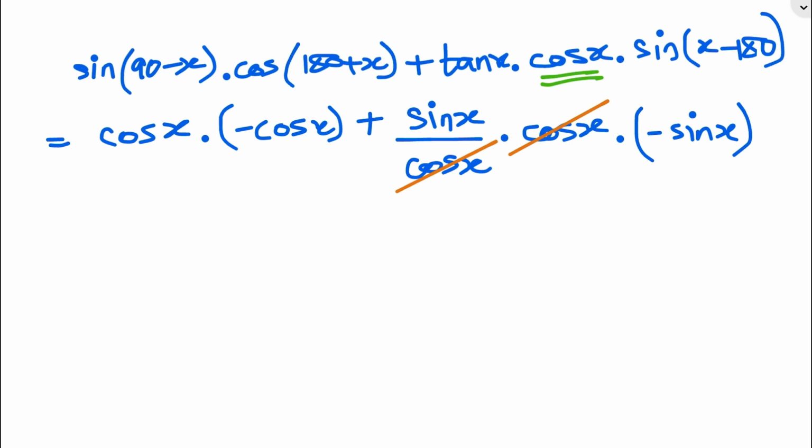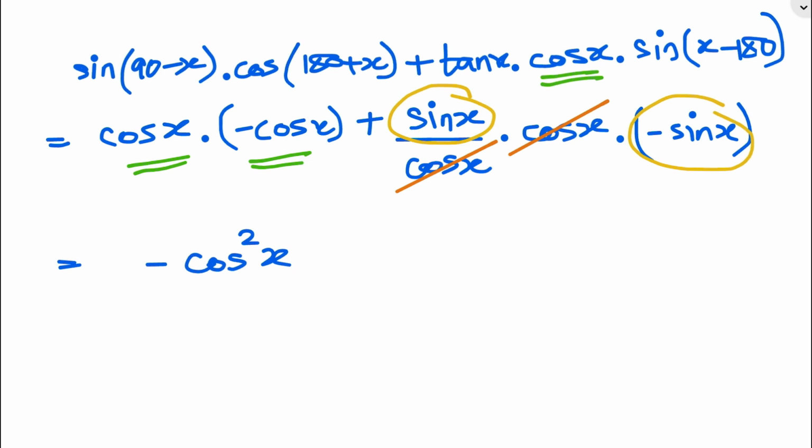Now let's simplify this a little bit further. We have cos x multiplied by negative cos x, and that's going to be negative cos squared x. Then we are adding that to sine x times negative sine x. When you multiply those, we get negative sine squared x.